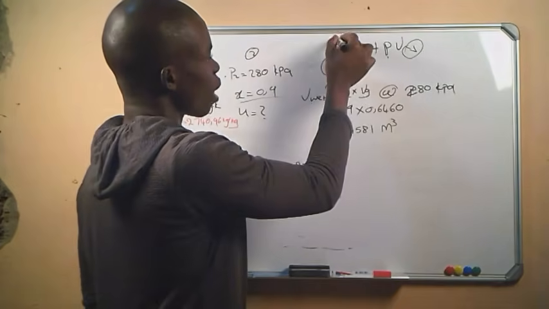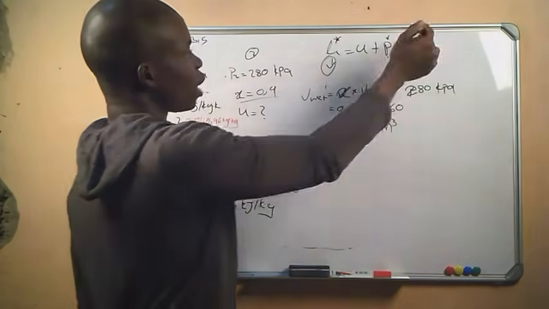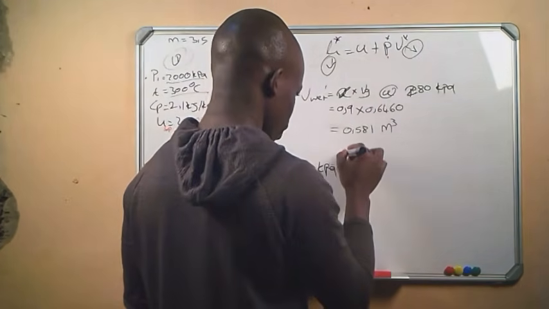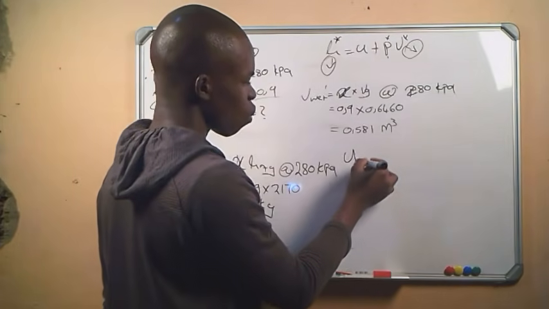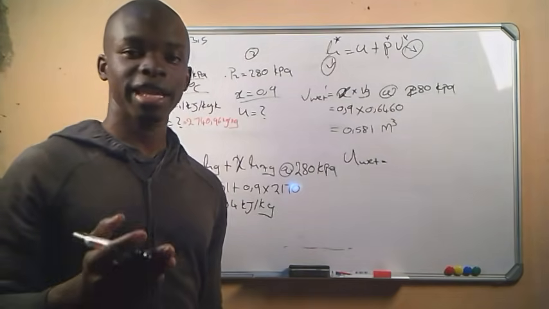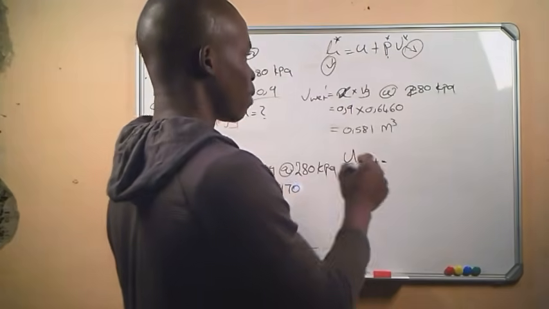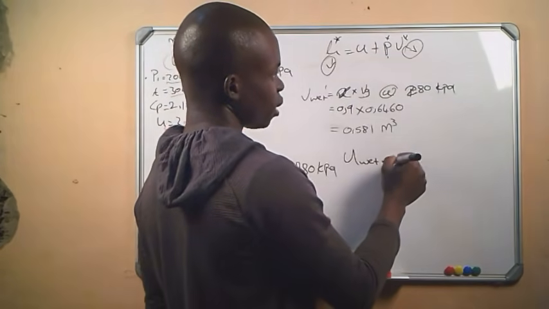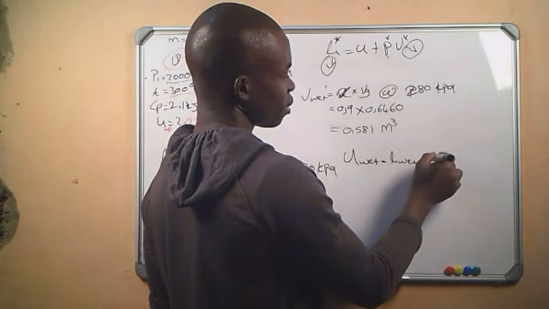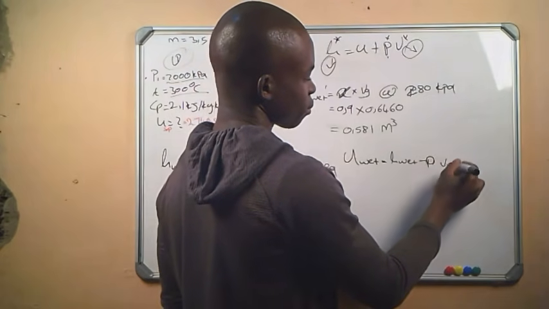So now we have our X, we have our H, we have our P, and then we have our V. So we can now calculate our U wet. So first we must make U the subject of the formula. This is very important because it has marks. And then we get it as H wet minus P V wet.